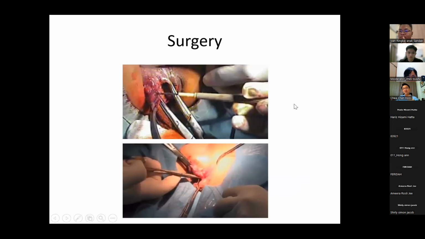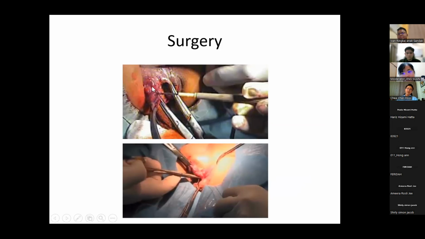Okay, surgery was and still is the gold standard of treatment of hemorrhoids, usually reserved for patients with grade 3 and grade 4 hemorrhoids, because grade 2 usually responds to medication and also simple rubber band ligation. So surgery is traditionally done by resection, either using a diathermy or using scissors, right?